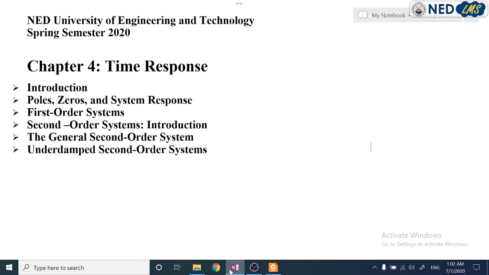And then the last step of this design process is to analyze and design the system. So the first 3 steps of the design process were covered in chapter number 1, 2 and 3. And now in chapter number 4, we will learn how to analyze and design a system.